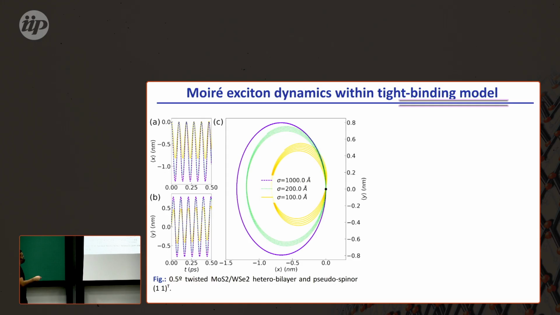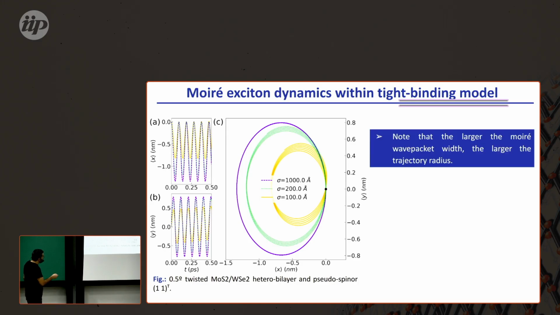And more than that, it goes to exhibit some elliptical cyclotron-like orbit. But I have to emphasize that no magnetic field was applied. That was really surprising. And the larger this sigma, the wave packet width, the larger the radius of the trajectory.